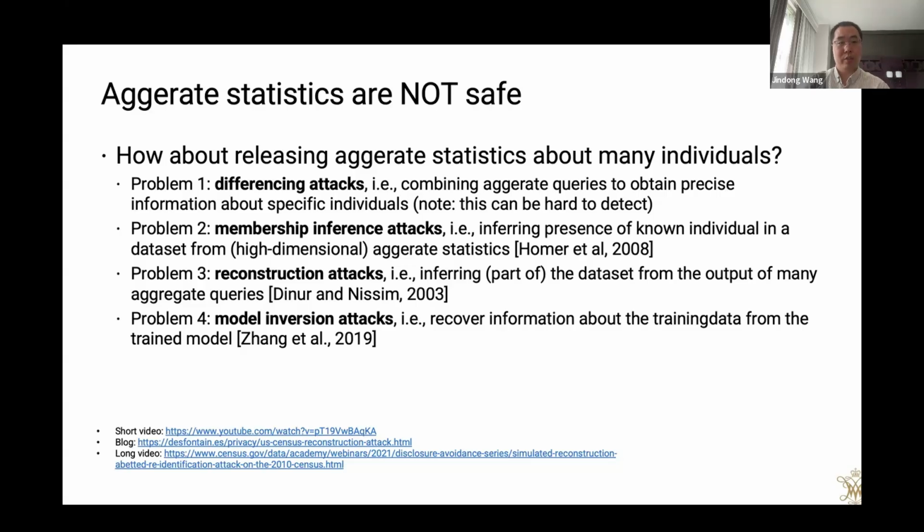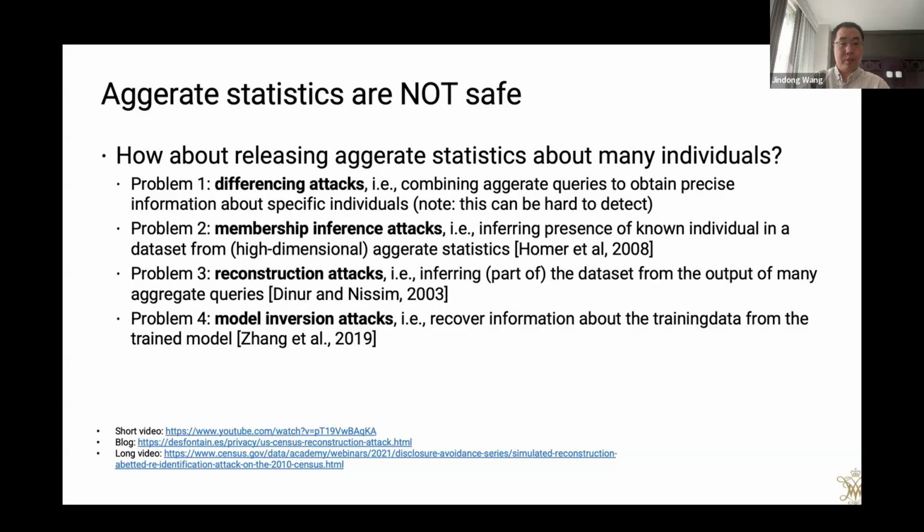Problem one is the differencing attack. You can combine aggregated queries to obtain precise information about specific individuals. This is basically similar to the linkage attack. You have at least two tables, you compare and know the difference, and then you can know who is who. That's the first attack.